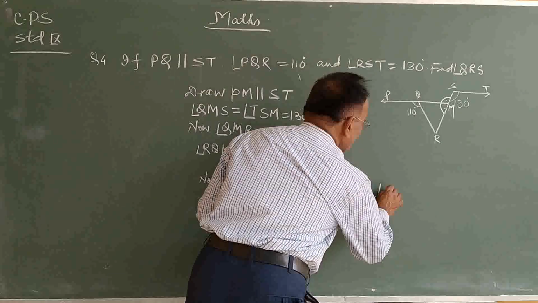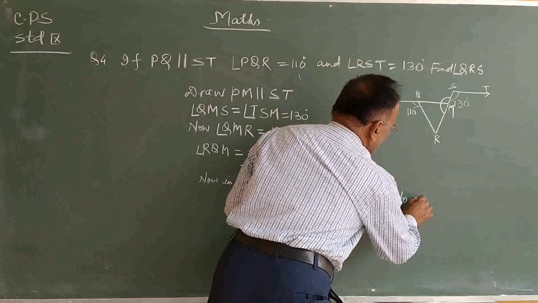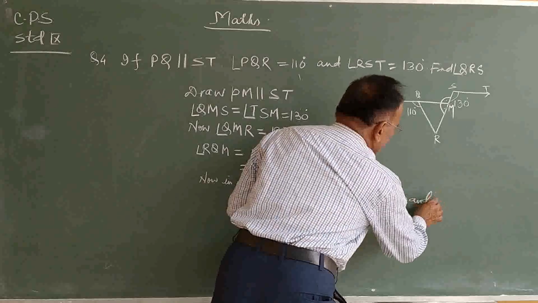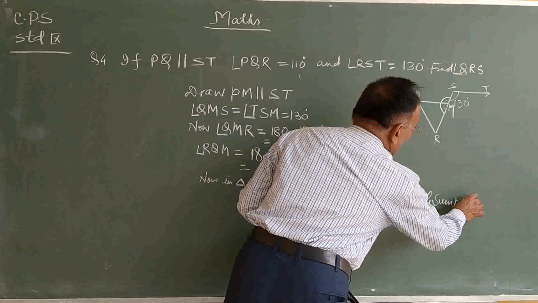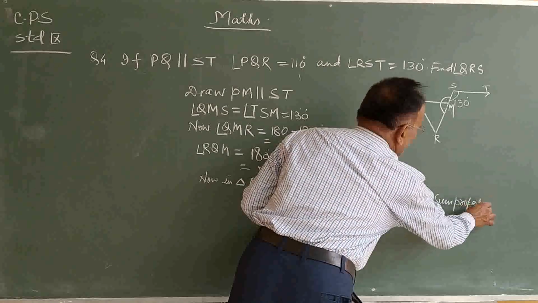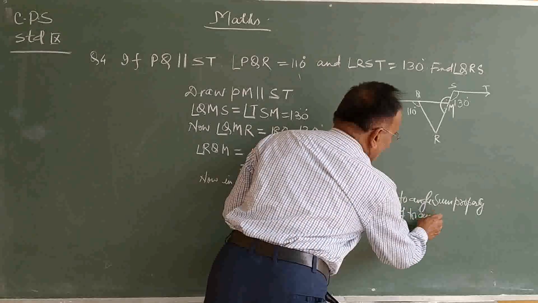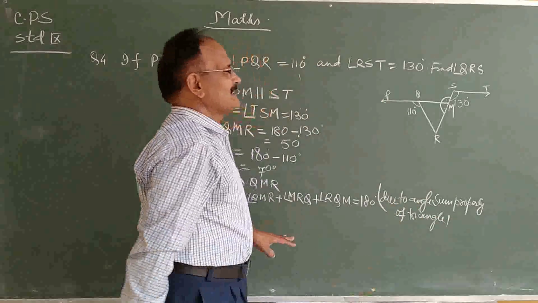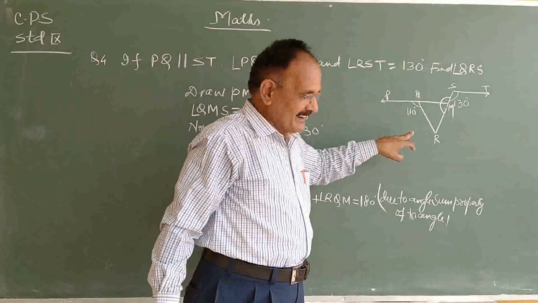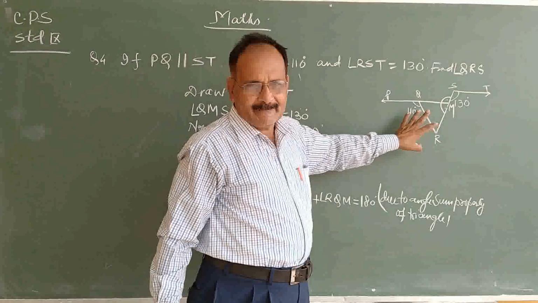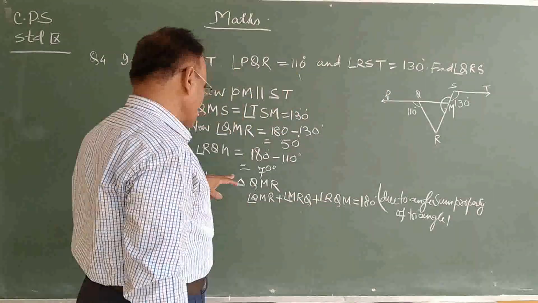This is due to the angle sum property of a triangle. We know that the sum of all angles of a triangle is 180 degrees. So these two angles are the ones we have found before.